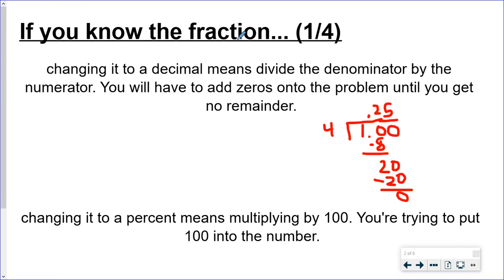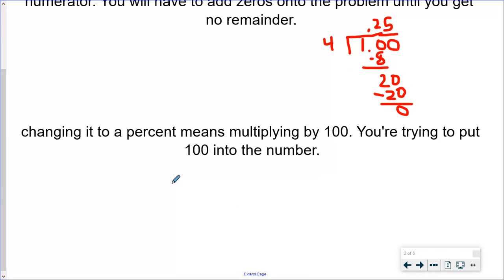If you know the fraction and you want to change it into a percentage, what that means is you're trying to put 100 into it. Because remember, the word percentage means out of 100. So all you have to do is take your fraction, which is 1/4, and multiply that by 100. We did this a couple of lessons ago, where multiplying by 100 is the equivalent of multiplying by 100 over 1.